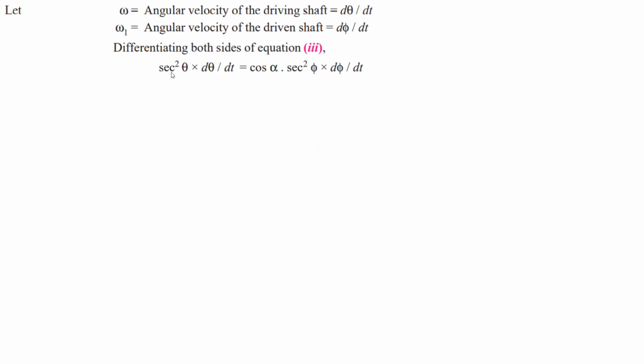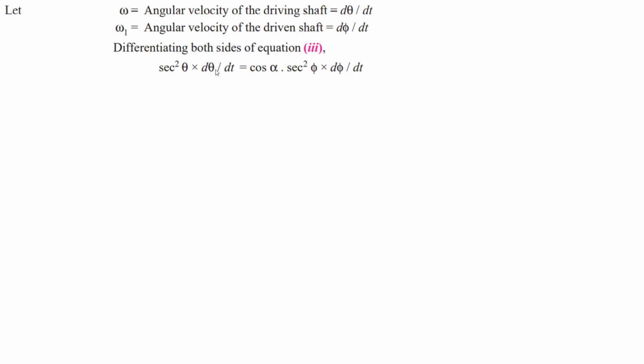What is the derivative of tan theta? Sec square theta. So it is written here, sec square theta. But again we have to differentiate theta with respect to time, because of the chain rule. Tan was not a function of time. If it was tan t, the answer would have been sec square t, but it is tan theta, where theta is again a function of time.